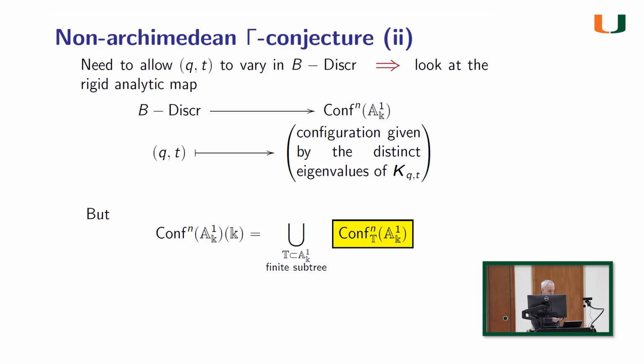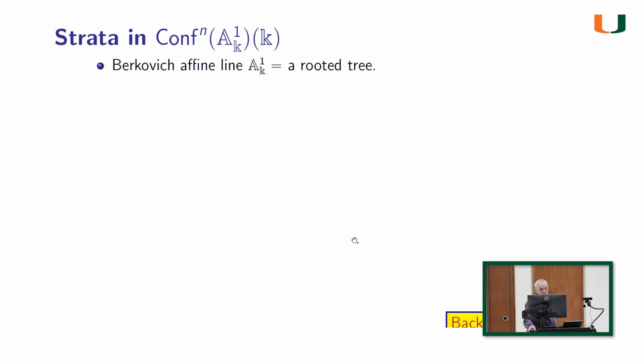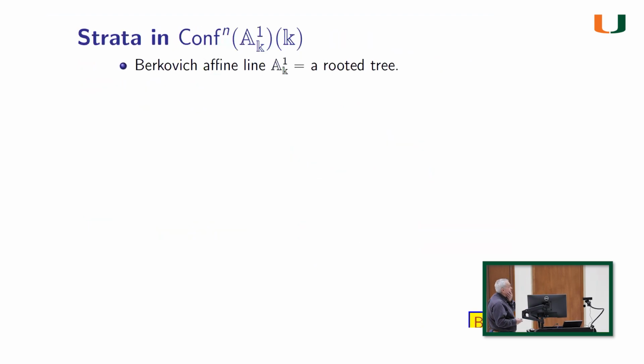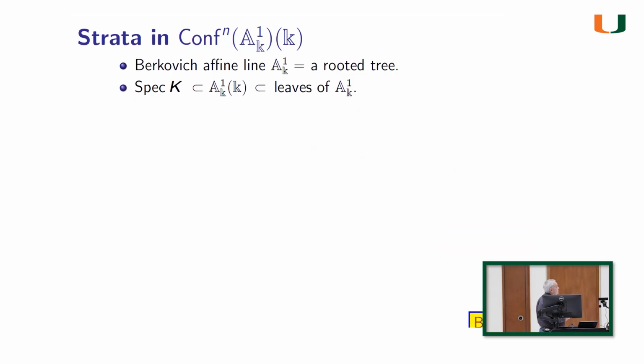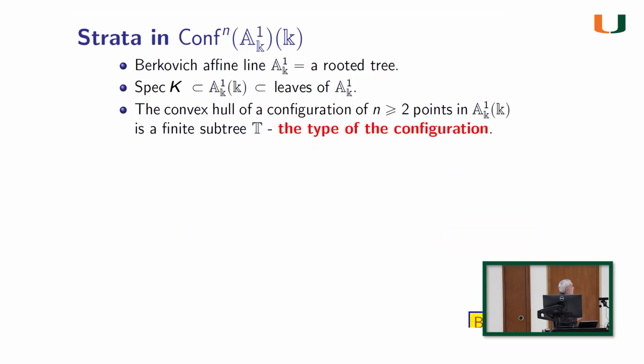Okay, do I have time to explain that? Maybe very quickly. The Berkovich affine line is a rooted tree. The k points are just certain leaves in that rooted tree. In particular, the spectrum of k will be certain leaves in that rooted tree.